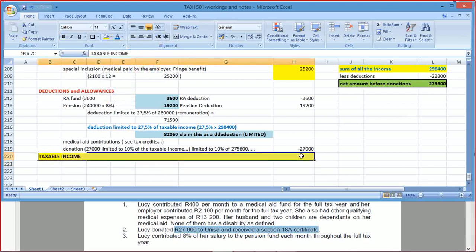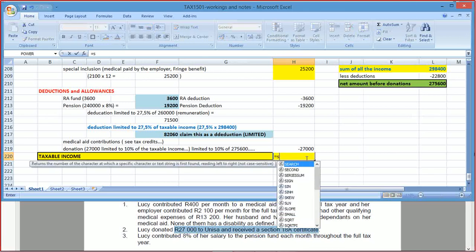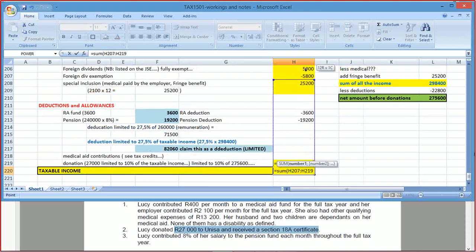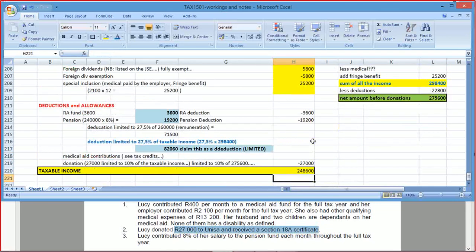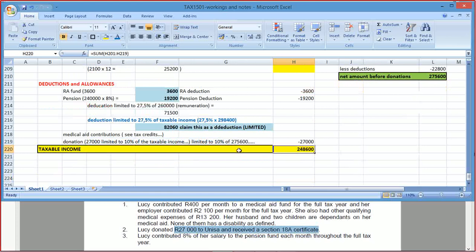Then we've got the taxable income, which we can now calculate because we just have the medical left to do. So literally sum up all of this stuff and subtract.